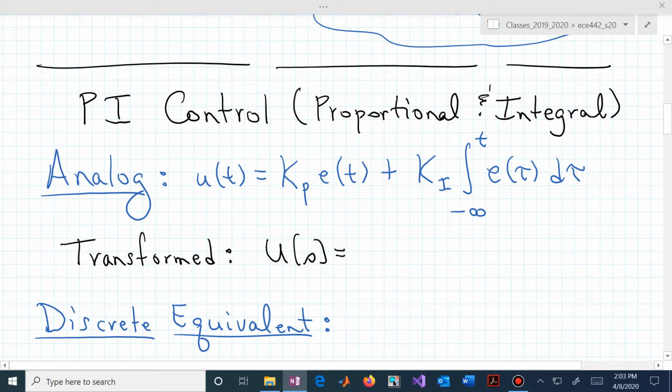And this k sub p and k sub I are adjustable knobs. We can now independently move k sub p between 0 and infinity, and we can also adjust k sub I independent of k sub p between 0 and infinity. Now we have two knobs to adjust in a PI controller, and you would expect you now have a little bit more ways of manipulating the behavior of your closed loop system.